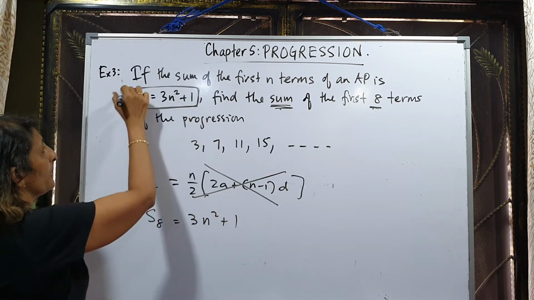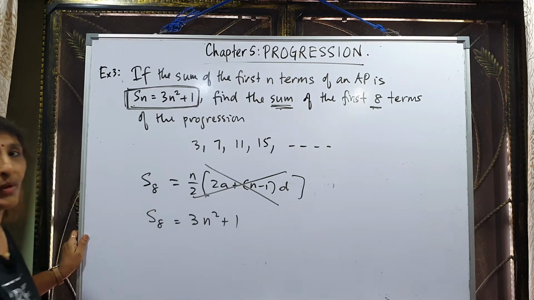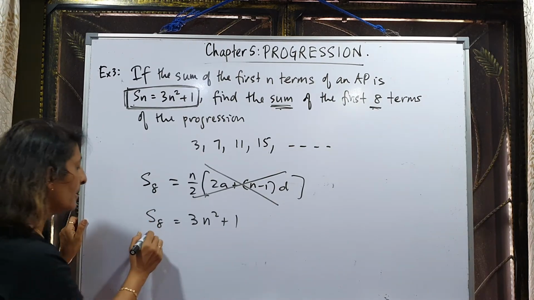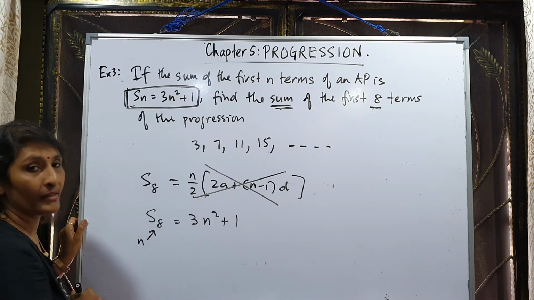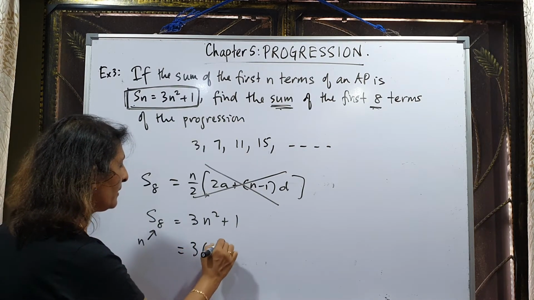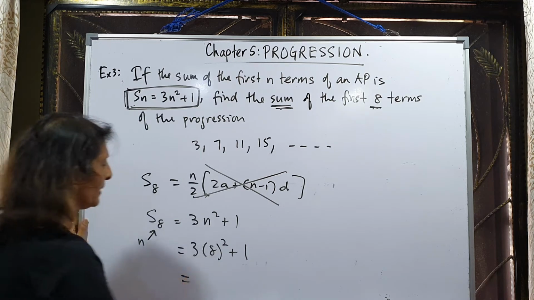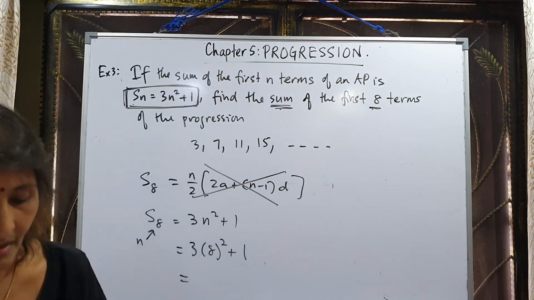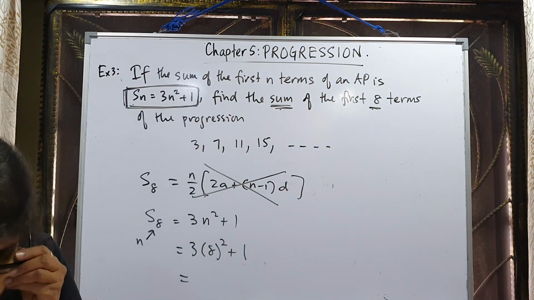You are going to assume that this is your Sn formula now, and you have to use it to find S8. So if you want S8, that means n is 8. You just sub n is 8. 3 times 8 squared plus 1, and you will get your answer. That's all. You don't have to use the other formula here.